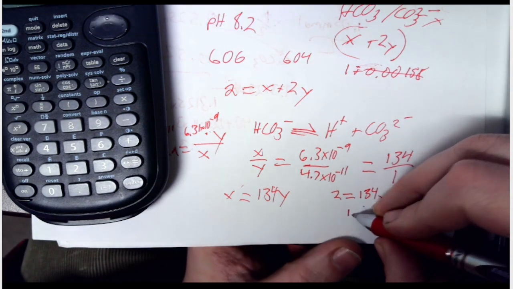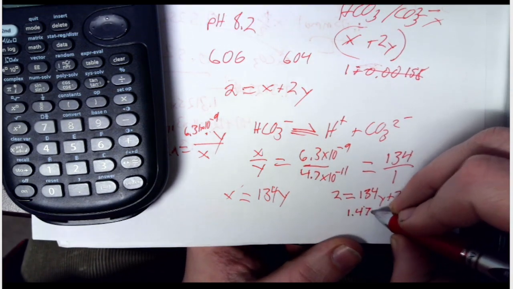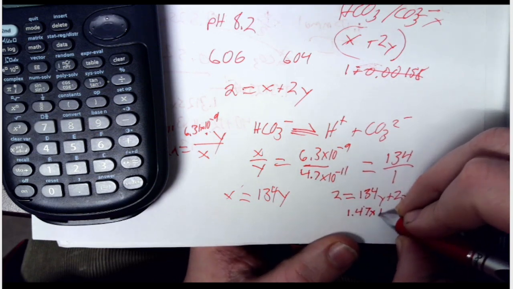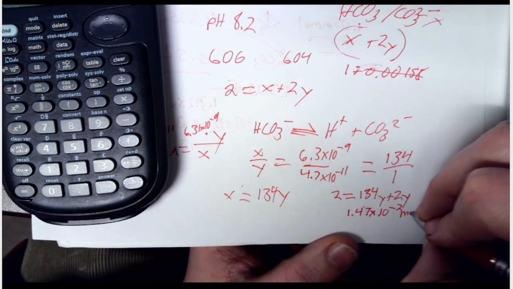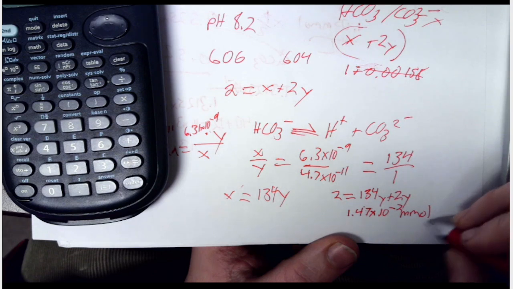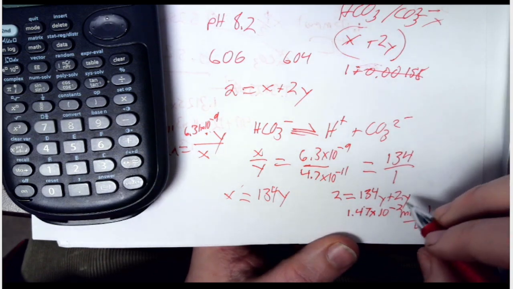And I got something like 1.47 times 10 to the negative second millimoles per liter of carbonate.